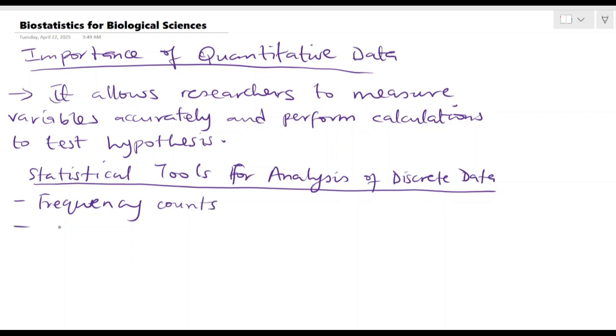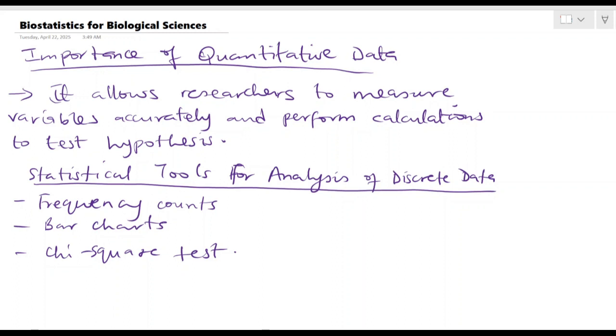You have your bar charts, and you have your chi-square test. These are examples of tools you can use for discrete data.